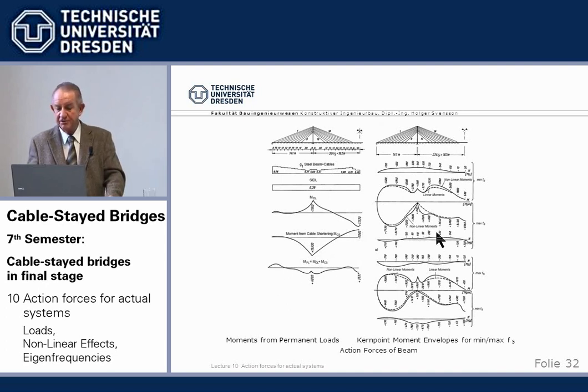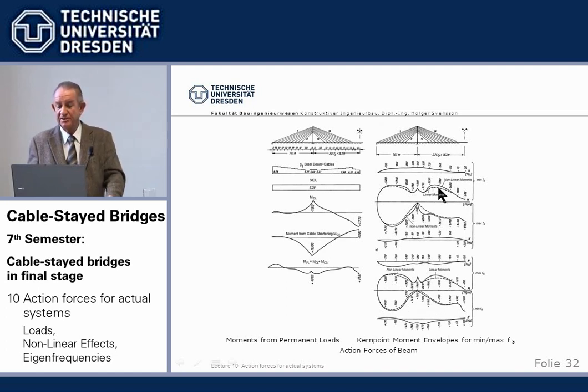And if we now superimpose the live load envelopes with the permanent loads, then we come to something very roughly reminding you of the run of moments I've shown you. We get here these typical run of moments for a cable stayed bridge.